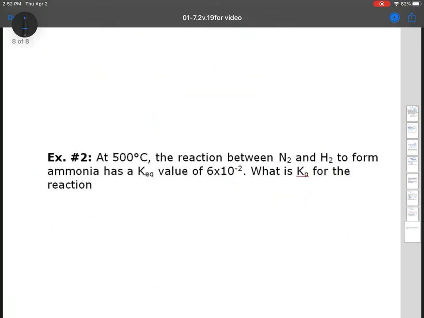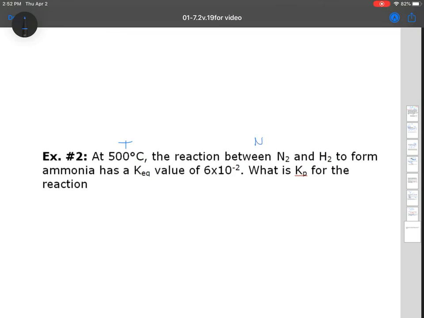So now let's put it all together. We're going to use the Kp-Keq formula to convert. So we have a temperature, and I'm using the same reaction, which I didn't write out here.